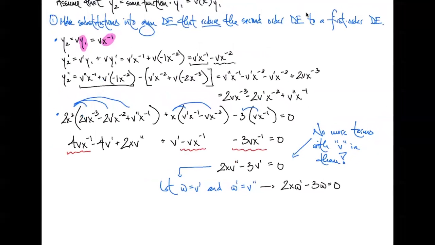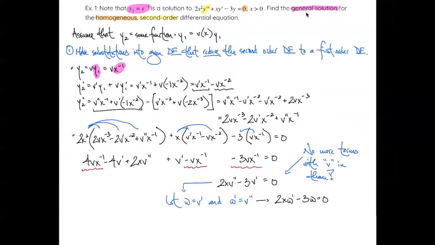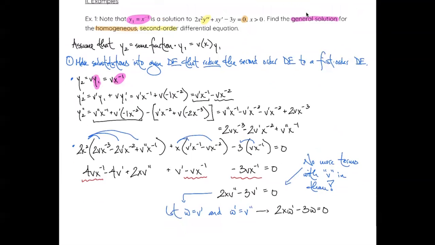Let me get this all back on one page for us. We made some substitutions. We assumed that we had the second solution that happened to be the product of some function and the first solution. We did what we learned on the very first day about finding derivatives and plugging them into the differential equation.